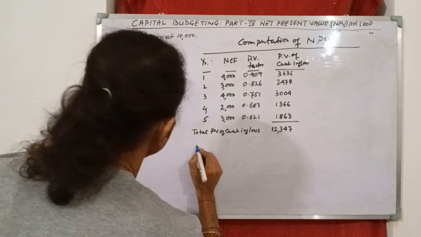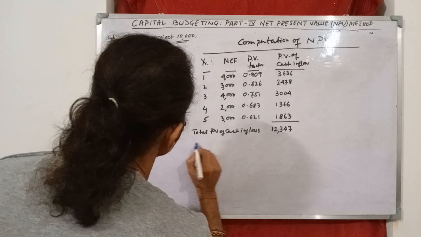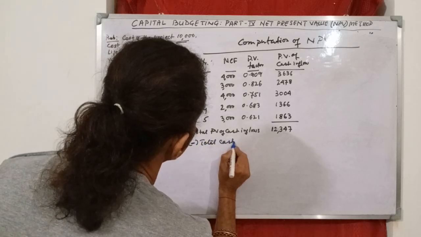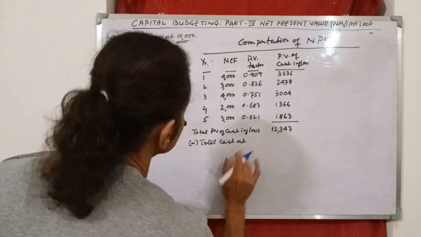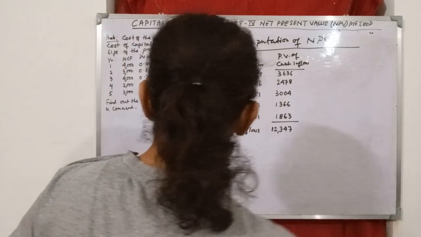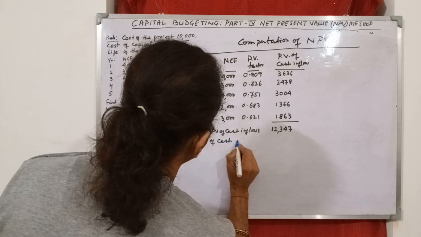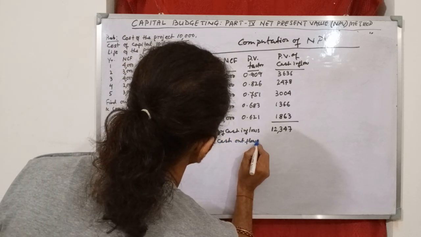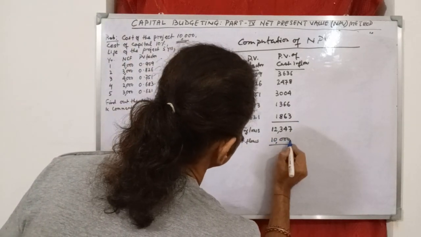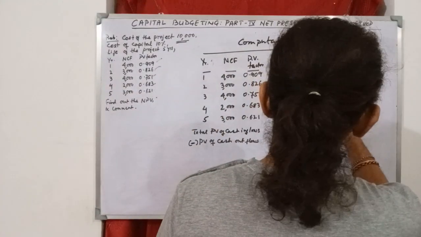From here we should deduct the initial cash outflow, which is given as 10,000. We should write the present value minus PV of cash outflows, that is 10,000, because that has been incurred at the beginning of year 0, beginning of first year, that is at year 0.